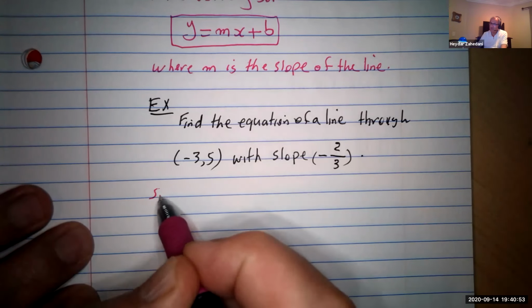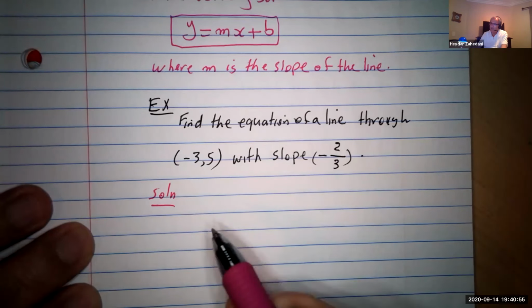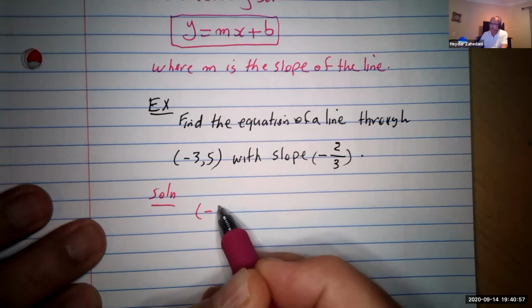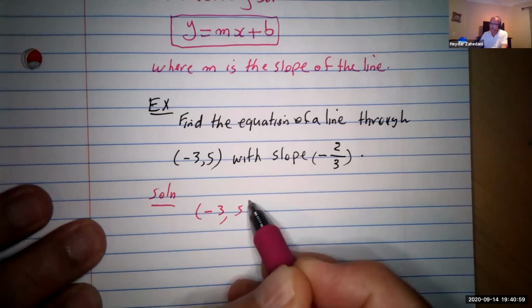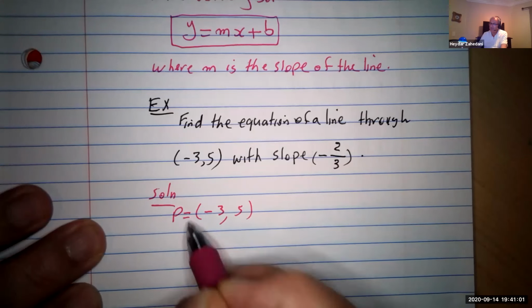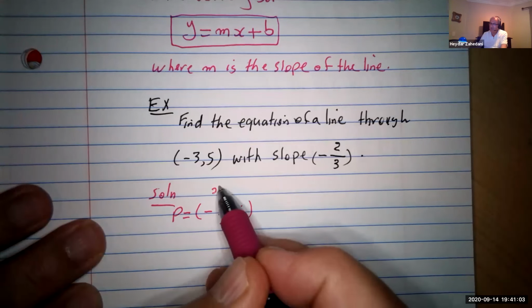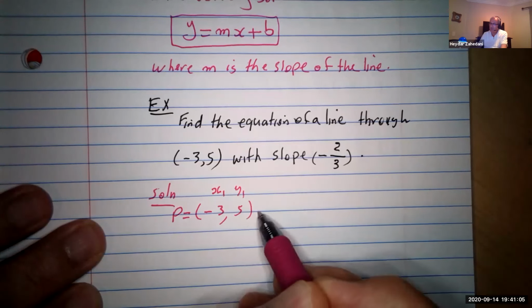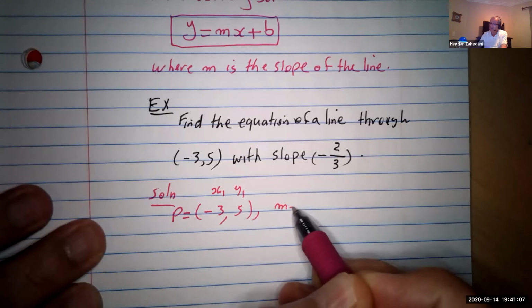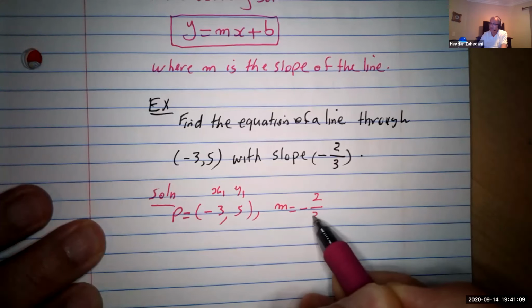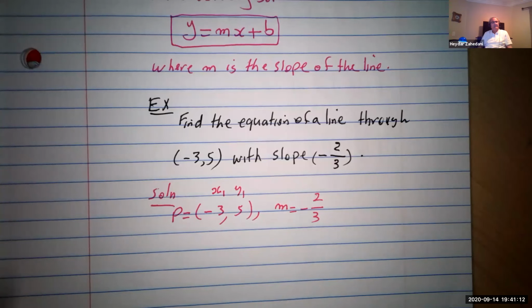So the solution: we have a point (-3, 5). You can call it P, with x1 and y1, and the slope m is equal to -2/3. You need the equation of the line and you have the formula, so substitute to get it.